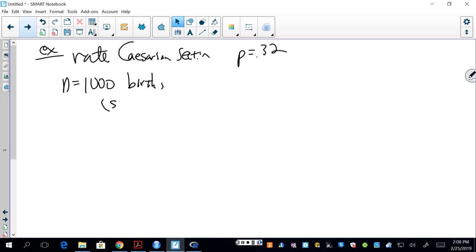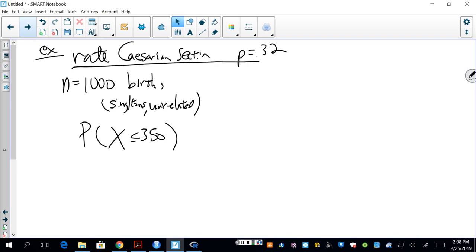You can imagine these are singletons, unrelated, so reasonably clear that they're independent of each other, whether or not there's a C-section. What's the chance that you would have less than or equal to 350 during the year? Say this is during a year period. Less than 350 women would have cesarean sections out of this group.